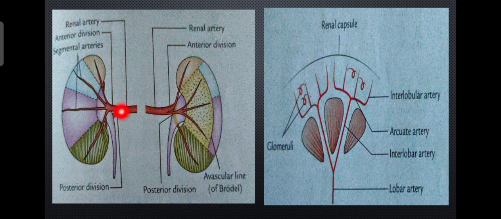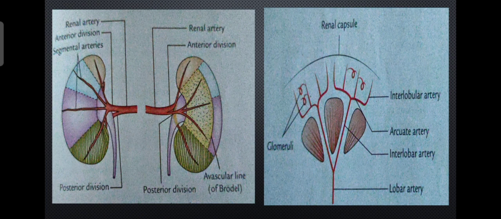These segmental branches divide between the lobes to form the lobar artery, and between the lobes they form the interlobar artery, and then they form the arch-like structure called the arcuate artery. The arches give rise to some branches, called the interlobular artery, and the interlobular artery gives rise to the afferent arteriole. So these are the major blood supply to the afferent arteriole.